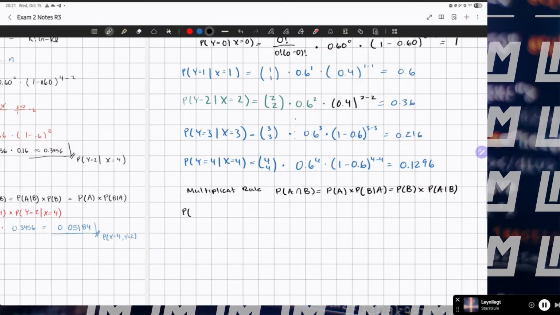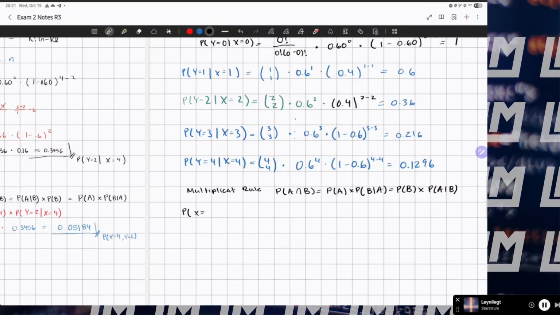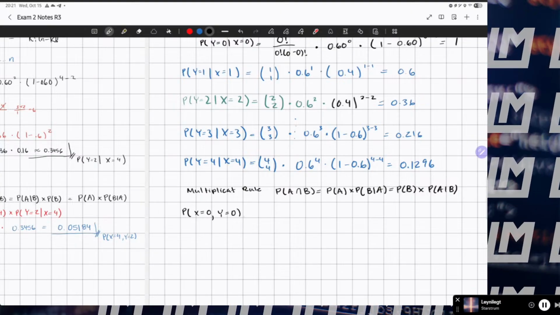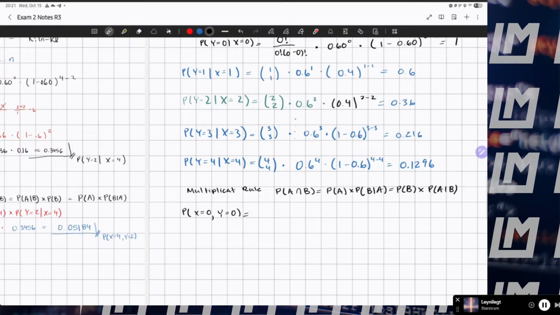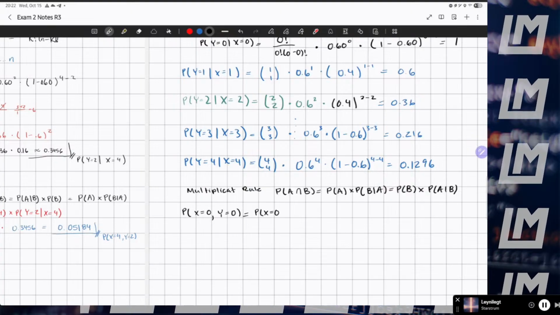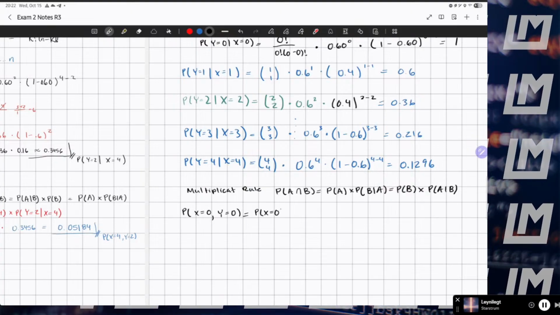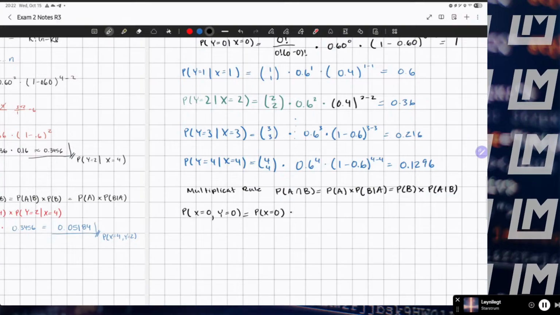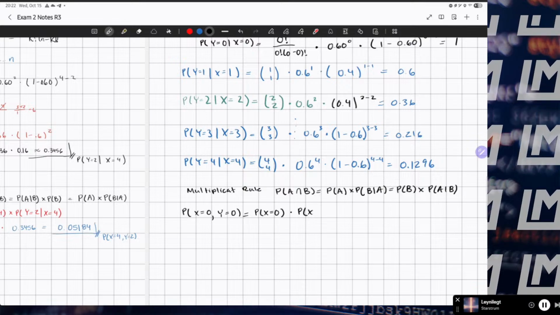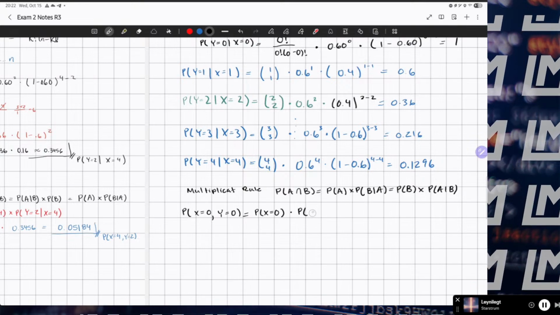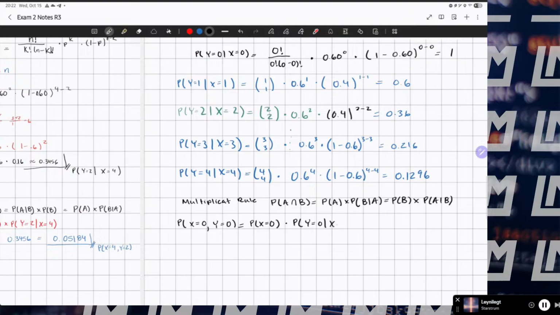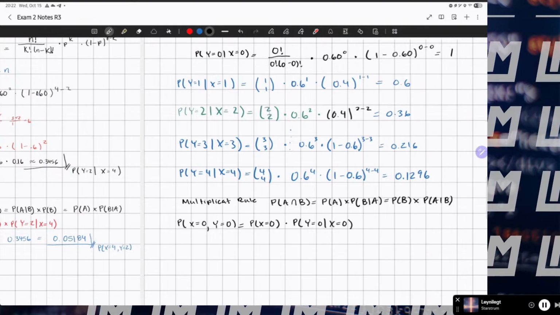So the probability of X equals 0 and Y equals 0 is equal to P of X equals 0 times P of Y equals 0 given X equals 0.